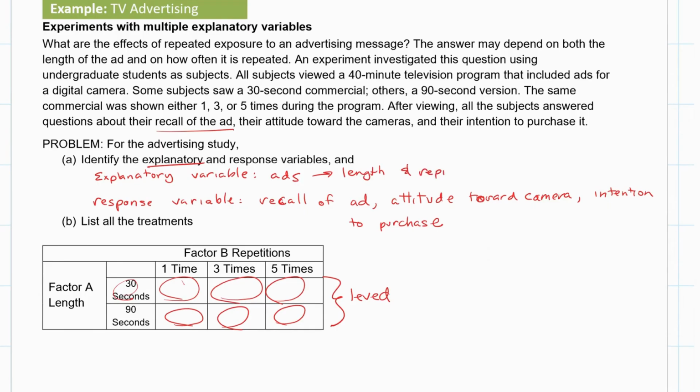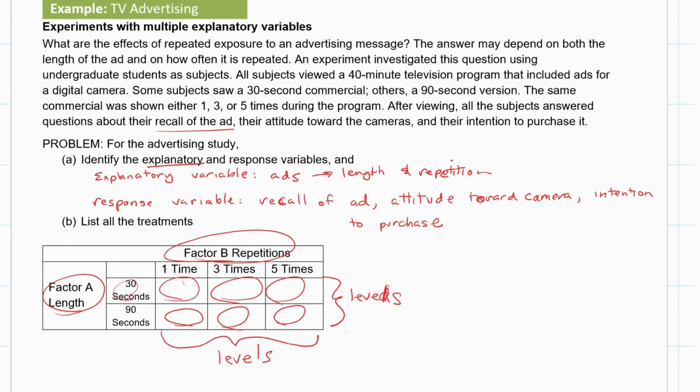Both of those are factors in this case. So these are levels, and these are also considered levels. So we had six different treatments based on two factors, and each of these factors had multiple levels.